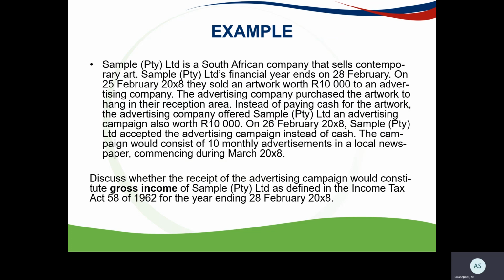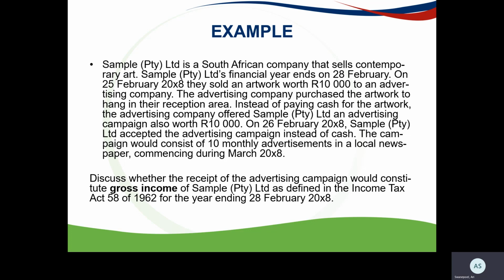Can we quickly look at an example? Sample Pty Limited is a South African company that sells contemporary art. Sample's financial year ends on 28 February, and on 25 February, they sold an artwork worth 10,000 Rand to an advertising company, and the advertising company purchased the artwork to hang it in their reception area.